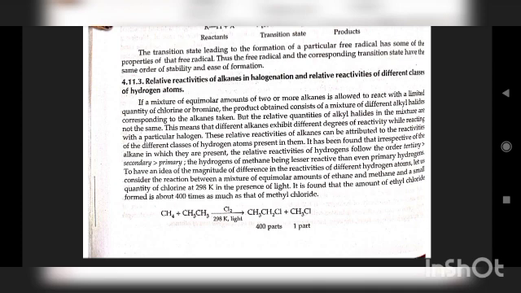To have an idea of the magnitude of difference in the reactivities of different hydrogen atoms, let us consider the reaction between a mixture of equimolar amounts of ethane and methane and a small quantity of chlorine at 298 Kelvin in the presence of light. It is found that the amount of ethyl chloride formed is about 400 times as much as that of methyl chloride.